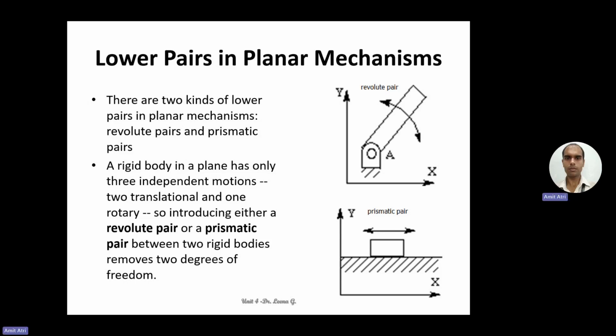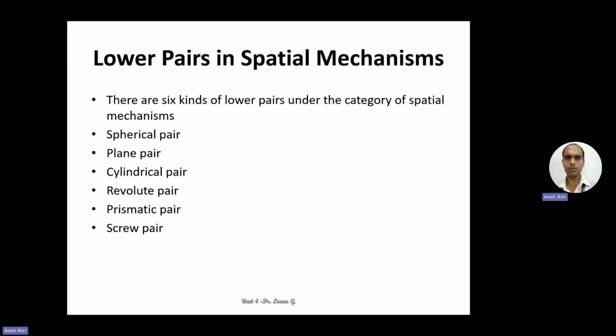The movement in the rotational way in the XY plane gives a revolute pair. Then prismatic is the linear one, with 1 degree of freedom, just as we discussed in the previous slide: linear movement along the x-axis, along the y-axis, then a rotational movement. So 3 degrees of freedom we have in lower pair in planar mechanism.